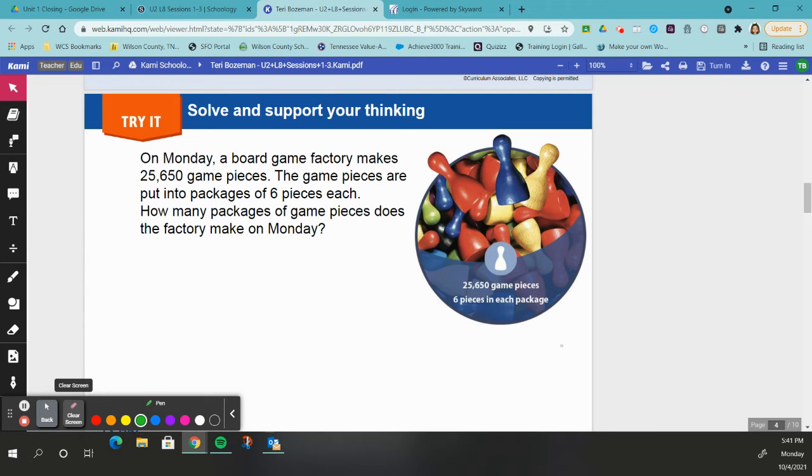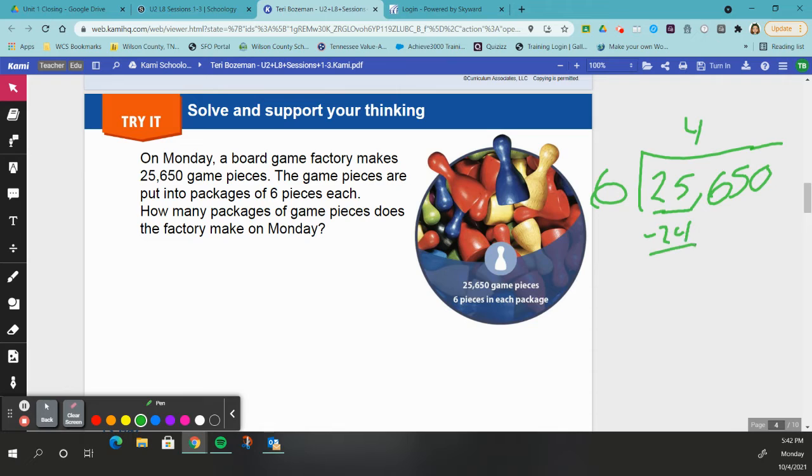And then some of you may have just gone on with your standard algorithm, right? So you would have had 6 being divided into 25,650. So if you did it that way, then you're looking at, okay, you can't divide 2 by 6, but you could divide 25 by 6, which would be 4. Subtract 24. 1, bring down your 6. 6 times 2 would be 12.